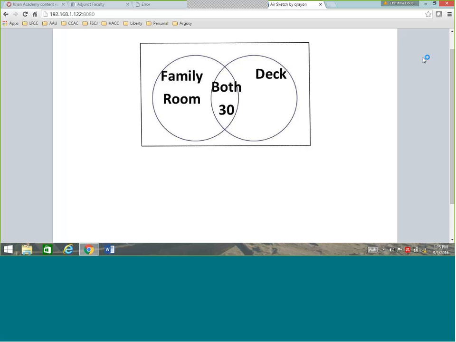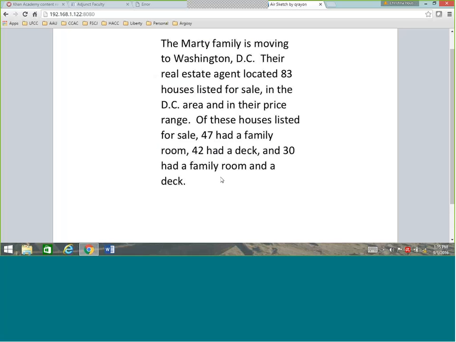Now there's something I'd like to point out in this situation. If we go back to the problem, we'll see that the 30 is at the bottom of the list. I see the number 83, the number 47, the number 42, and the number 30 is at the end.